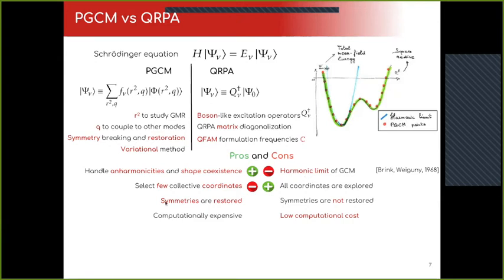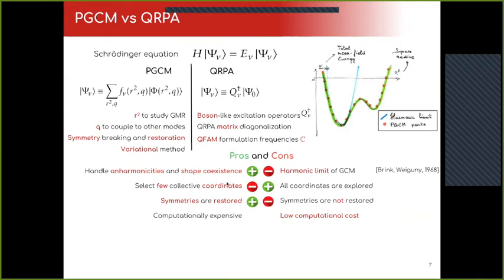So I was saying, on the other hand, in order for the problem to be tractable, we must select only a few collective coordinates when trying to enrich our P-GCM ansatz, whereas in principle, all these collective coordinates are taken into account and explored simultaneously in the QRPA formalism.